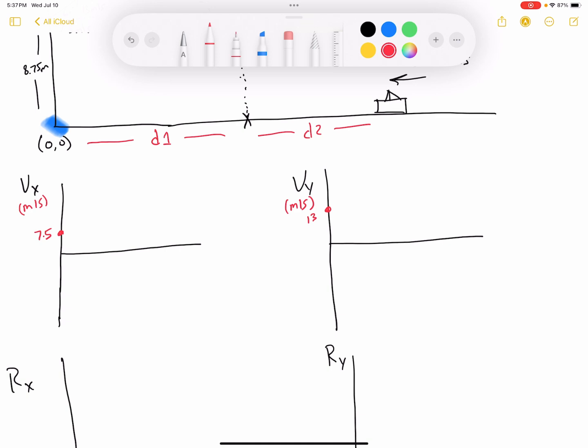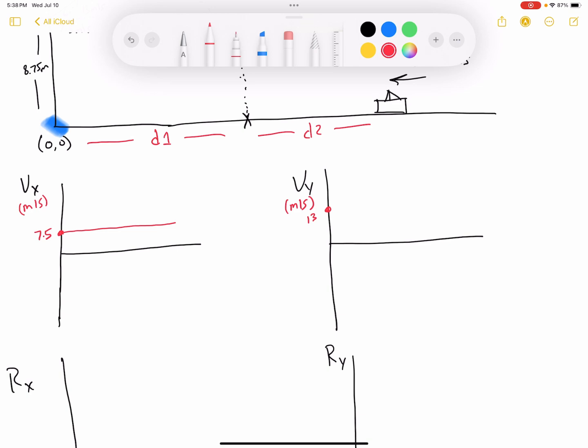So theoretically, this x velocity doesn't change because there's no force acting upon it in the x direction. So it's 7.5 meters per second. It's just going to keep doing that until it hits the ground, and that's our time.